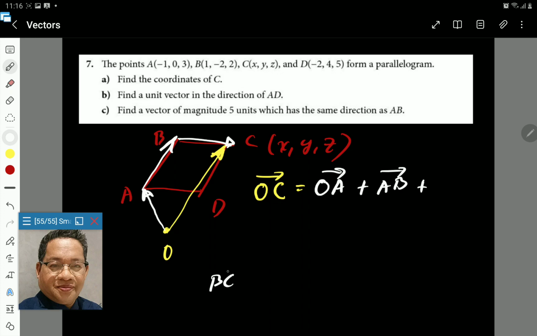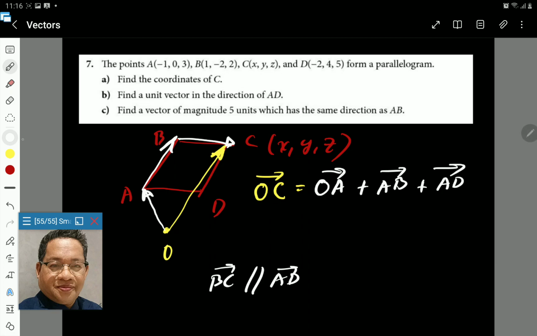However, BC is parallel to AD. So therefore, we can just say plus AD because they're parallel. Okay? And then you can just find what is AB, what is AD. So basically, just follow the same process from the last video.